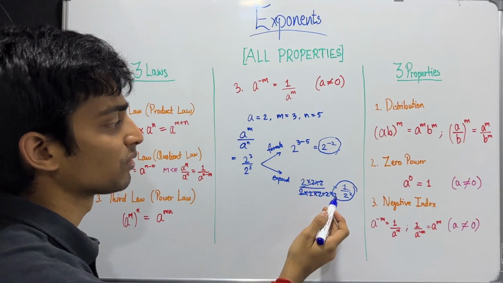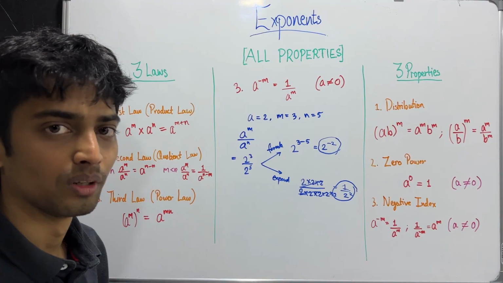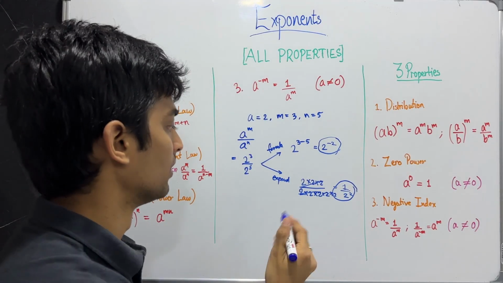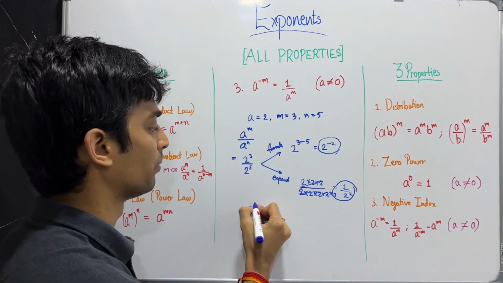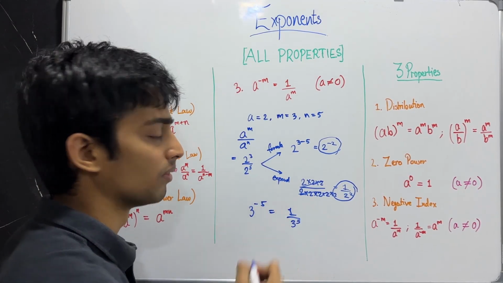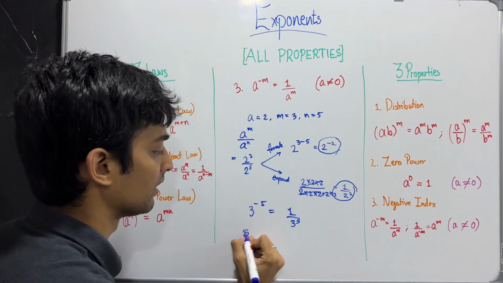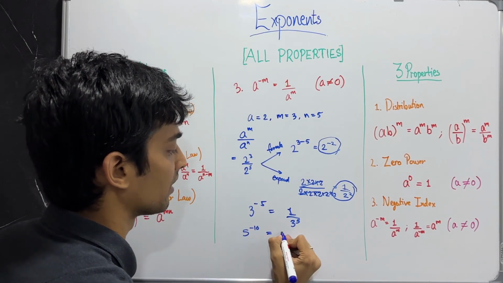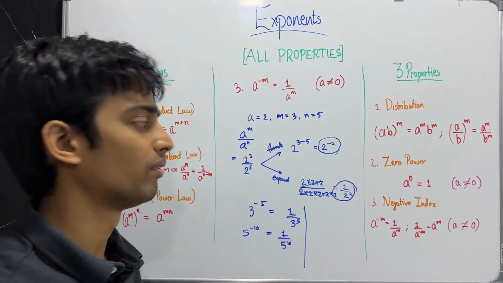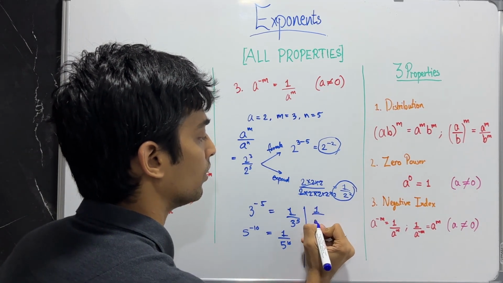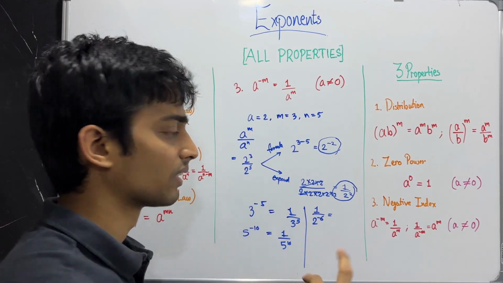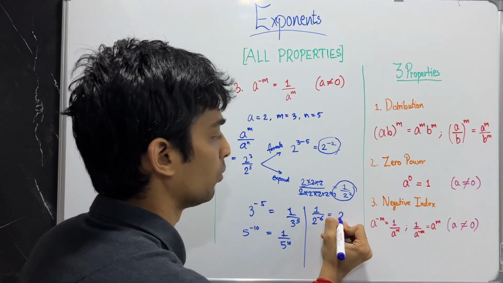So 2 raised to minus 2 we can write as 1 upon 2 raised to 2. So whenever you have a negative power, you can just take the reciprocal. If there is 3 raised to minus 5, we can write this as 1 upon 3 raised to 5. If there is 5 raised to minus 10, we can write this as 1 upon 5 raised to 10. Let's say we have 1 upon 2 raised to minus 6. So we can bring it up now. So it gets reciprocal. So we can write 2 raised to 6.